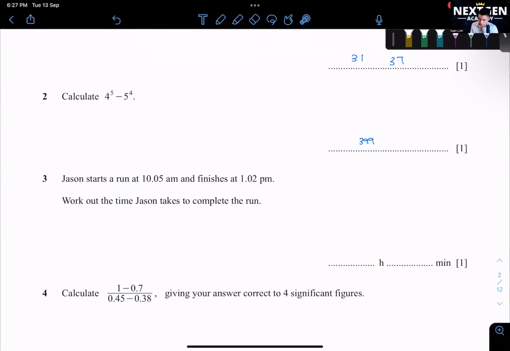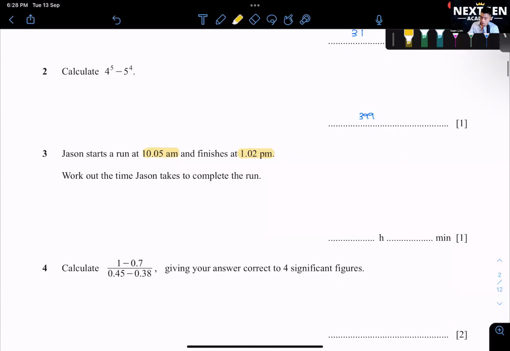Jason starts a run at 10:05 a.m. and finishes at 1:02 p.m. Work out the time Jason takes to complete the run. I remember many of you manually count using your fingers. Don't do that. Change it to 24 hours, which is the easiest way to calculate. You end at 1:02 p.m., which will be 13:02.